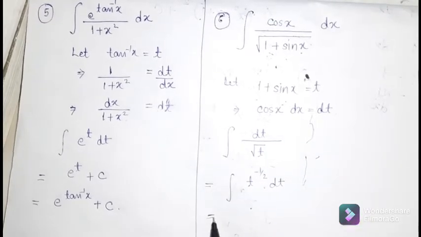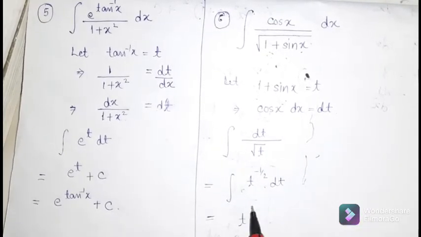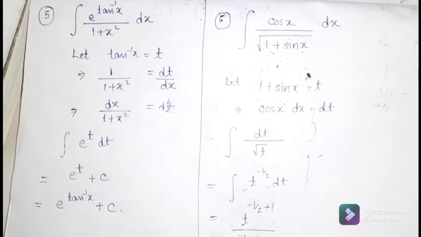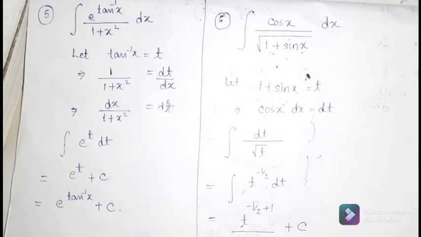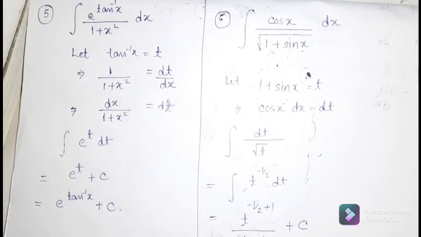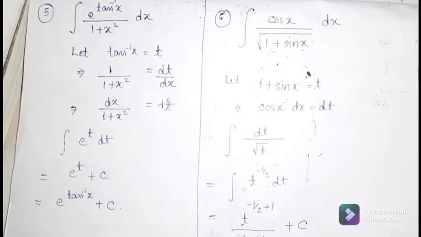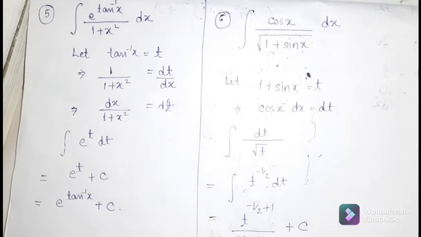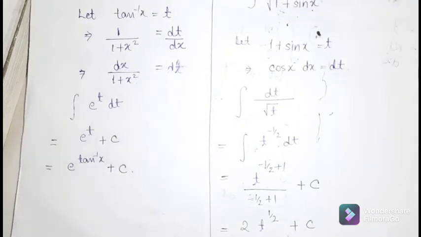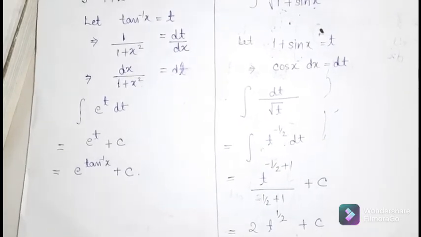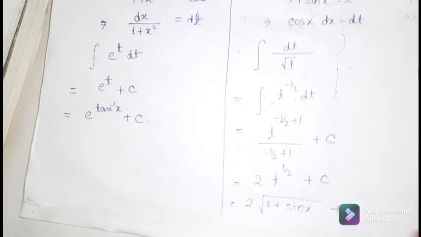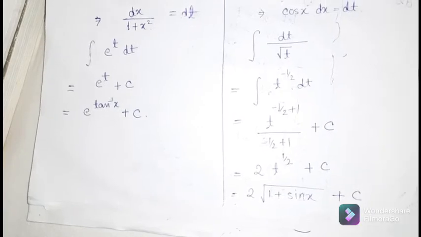And we know x to the power n integrates to x to the power n plus 1 divided by n plus 1, so t to the power minus half plus 1 divided by minus half plus 1, plus c. This becomes 2 t to the power 1 by 2 plus c, means 2 root over 1 plus sin x plus c. This is the final result.